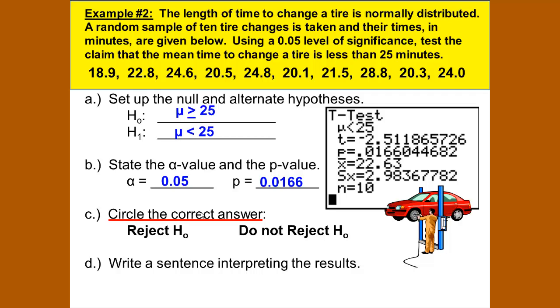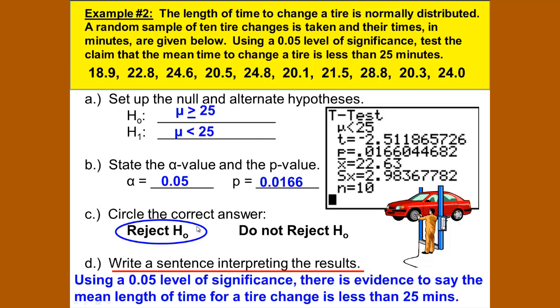The p is low, so the null must go. We must reject H0. And that gives us a sentence to interpret our results. Since we're using a 0.05, using a 0.05 level of significance, there is evidence to say that the mean length of time for a tire change is less than 25 minutes.